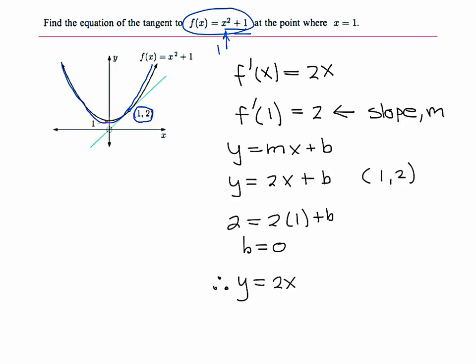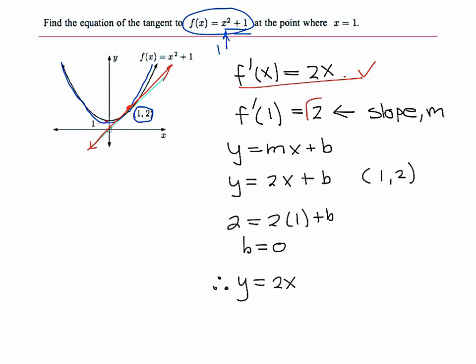To find the equation of the tangent at x equals 1, we first need to find the slope of this tangent line. In order to do so, we take the derivative of f of x, which gives us f prime of x is equal to 2x. Then, in order to find the slope at x equals 1, we plug in the 1 for the derivative.